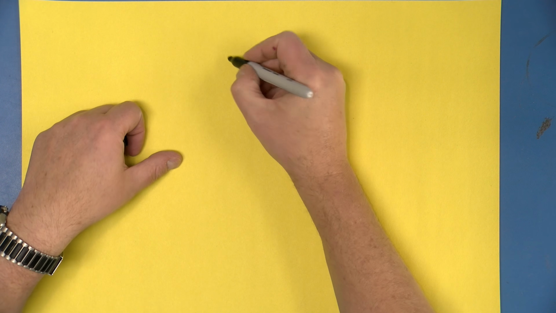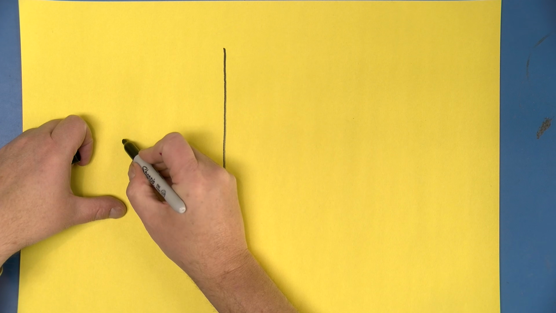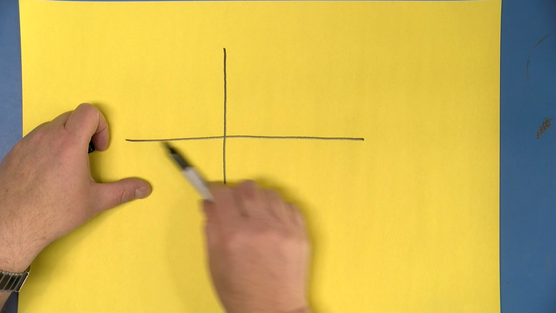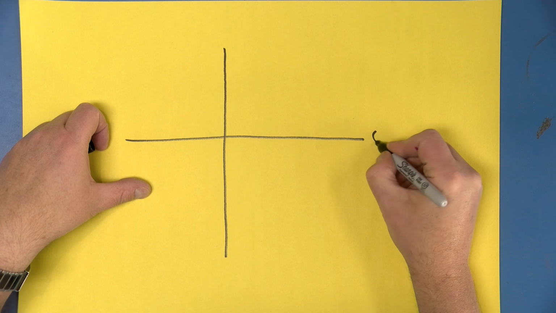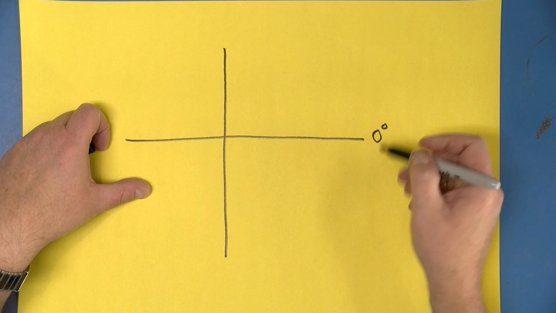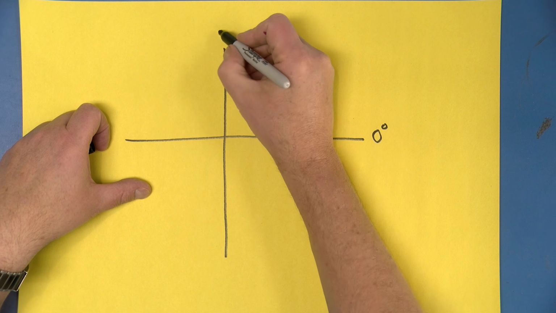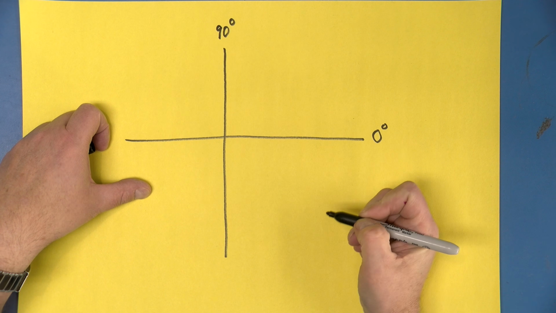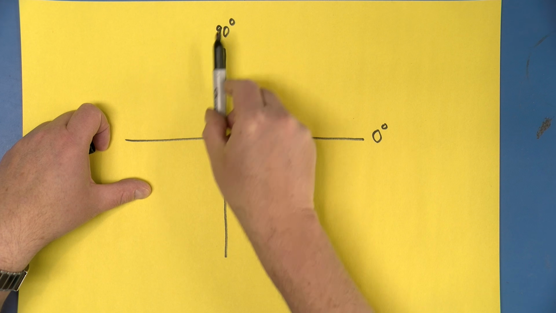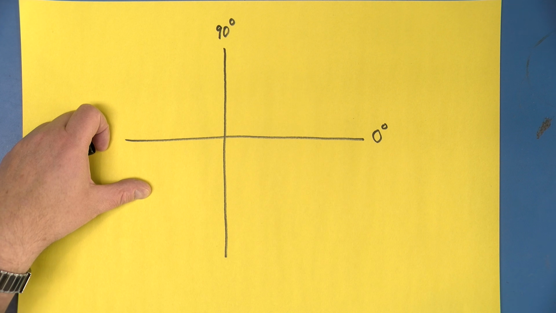So to look at power factor, I'm going to draw a nice little graph here like this. And this axis we're going to call 0 degrees. It's going to represent the real power, or the current that is in phase with the voltage. And then over here we will have the 90 degree axis. It will represent the reactive power, the reactive current that is 90 degrees out of phase with the voltage.